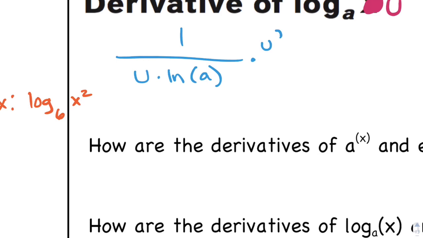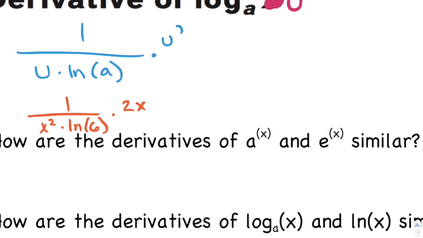Well, that would be 1 over x squared times ln of 6 times the derivative. So it's 1 over the function, x squared, times ln of 6, which is ln of my base, times the derivative of x squared, 2x.